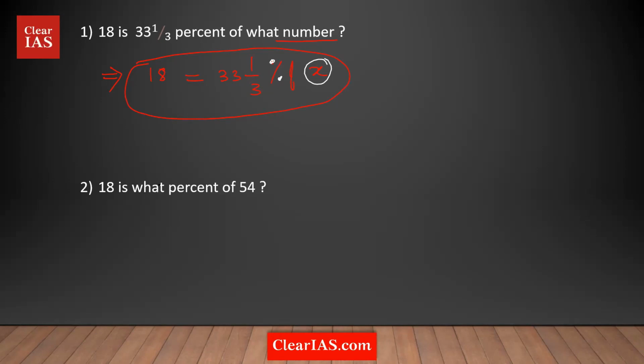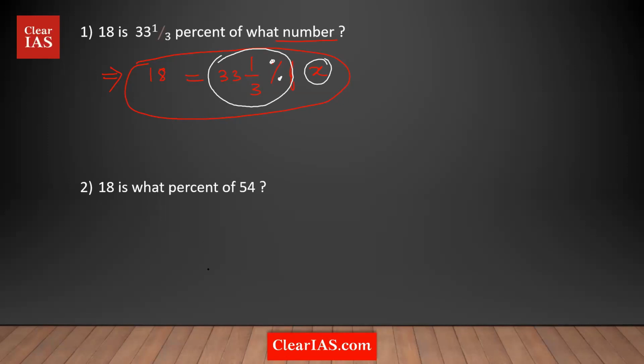I can see many of you getting 54. So this is where you can apply the percentage conversion table, right? Percentage fraction conversion table. Can you tell me what is the corresponding fraction for 33 and 1 by 3 percentage?